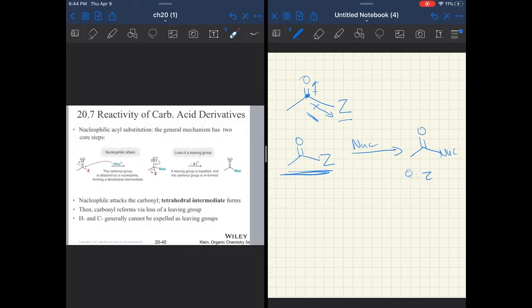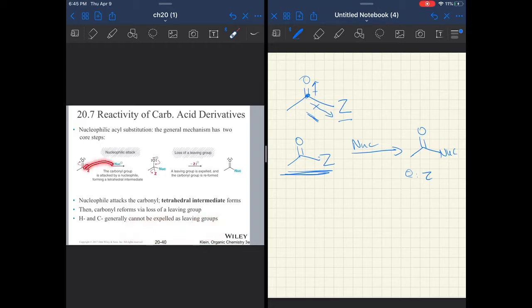We are going to look at a lot of specific mechanisms, and something you're going to notice repeating within those mechanisms will be a nucleophilic attack and loss of leaving group. What is important to recognize is that this is two steps. This is not an SN2 mechanism. It's not concerted.